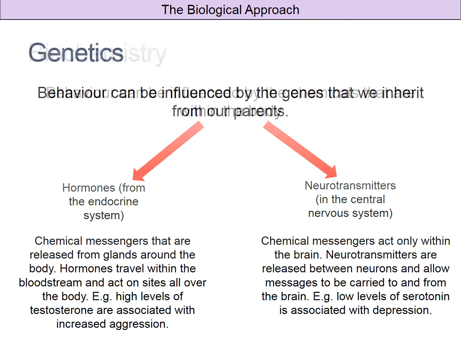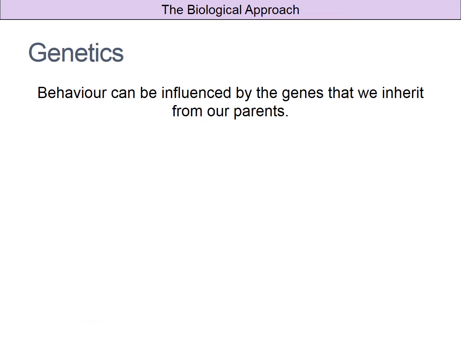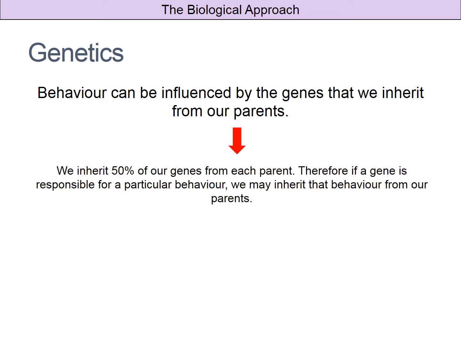The second area you need to know about is genetics, and this simply says that we can inherit behaviour from our parents. So remember, we get 50% of our genes from each of our parents. So it could be argued, if a gene is responsible for a particular behaviour and our parent has that behaviour, we have a 50% chance of showing that behaviour as well.